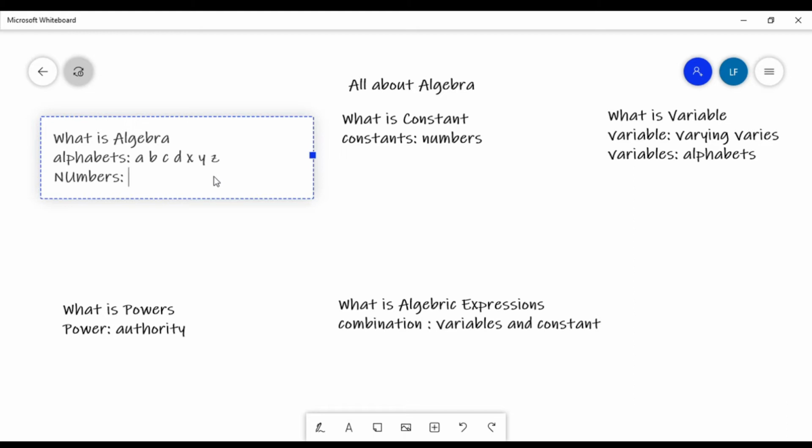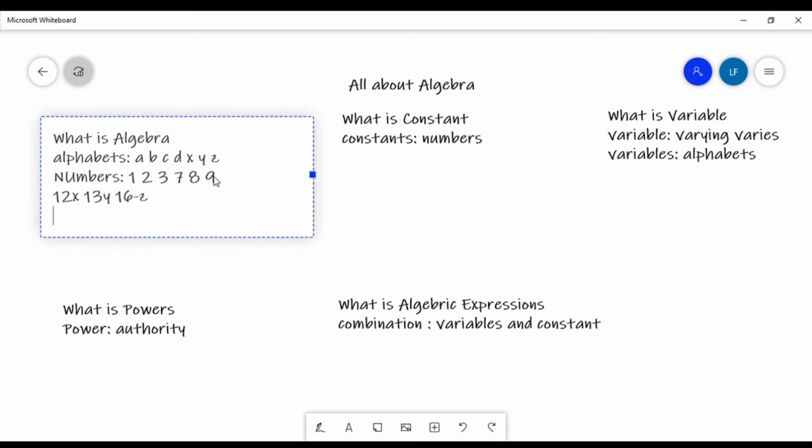It also consists of numbers such as 1, 2, 3, or 7, 8, 9. Now that is algebra. For example, 12x is an algebraic number. What about 13y or 16 minus z? These are all algebraic numbers.